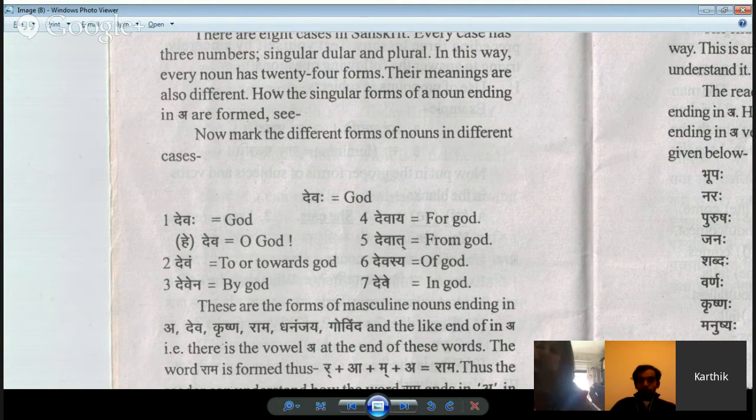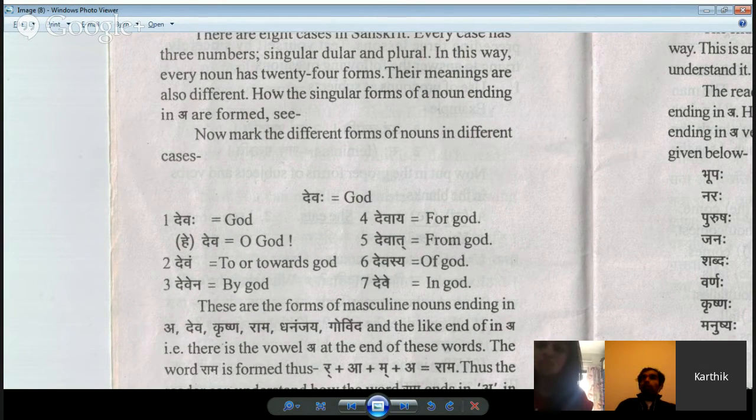Then sixth is Sambandha, Devasya, the one that shows relation. Like when you say Rama's father, we say Ramasya Janakaha. This is like the apostrophe S that you put in English, right? Rama's father, Ramasya Janakaha. Similarly, Ramasya Pustakam, Rama's book, or Mama Hastaha, my hand.